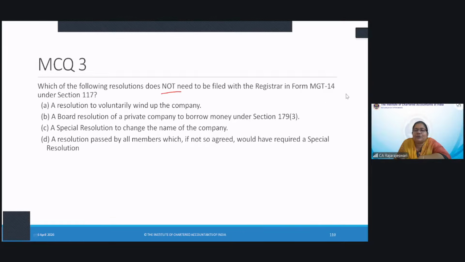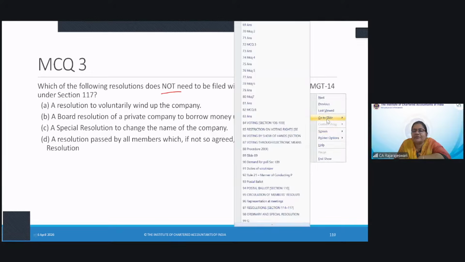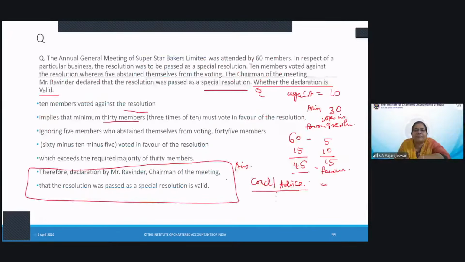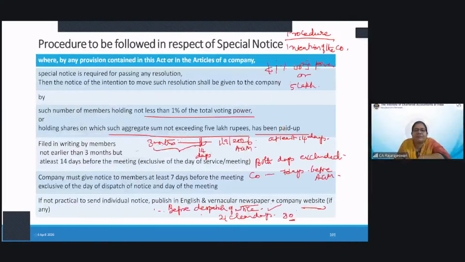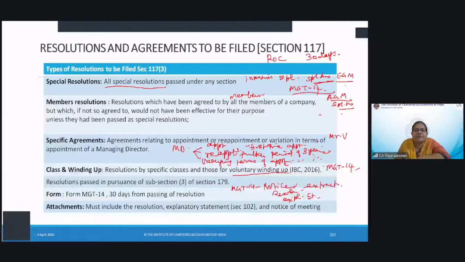See, let me take you to that slide. It is 117, right? Read this.